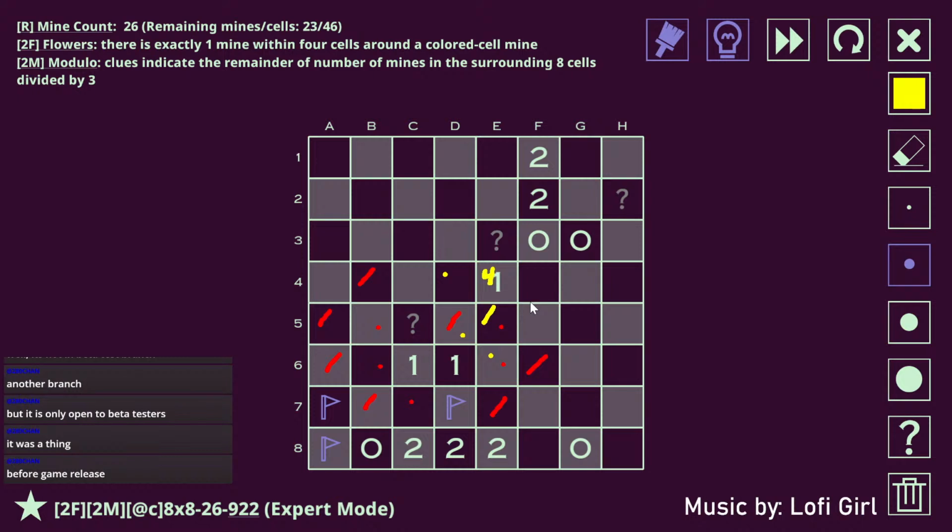Yeah, why not? Can it be the other way around? This is a mine and this is empty, and that'll be empty. These can both be mines, so that would be a mine. There's just a lot of ways to do this, so I feel like this is also not where to go.